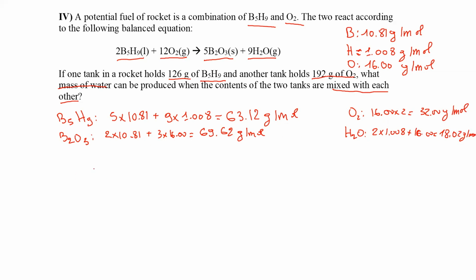So let's start by calculating the number of mole for each of our reactants. The number of mole of B5H9 will be equal to the mass of pentaborane, which is 126, divided by the molar mass, which is 63.12. 3 significant figures, 4 significant figures. So the result should have 3 significant figures.